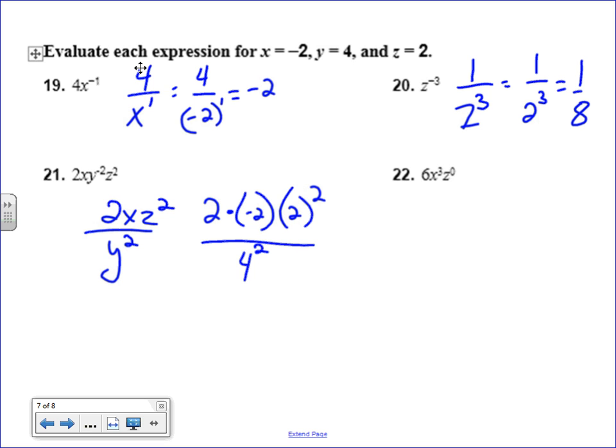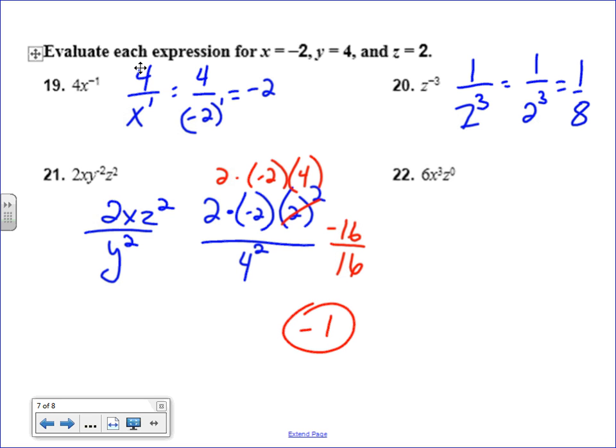So what do you have to do first? You've got to do your exponent first. So 2 to the second. This is really 4 then. So I've got a 2 times a negative 2 times a 4. So that's a negative 16 on top. And on bottom, 4 to the second power is 16. So that just simplifies to a negative 1.